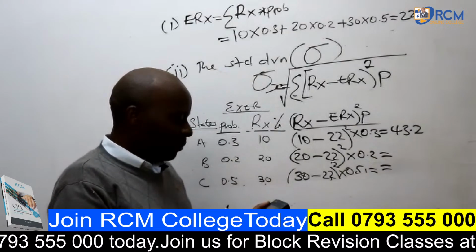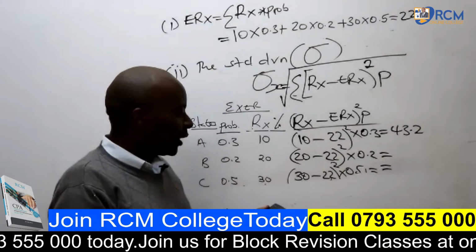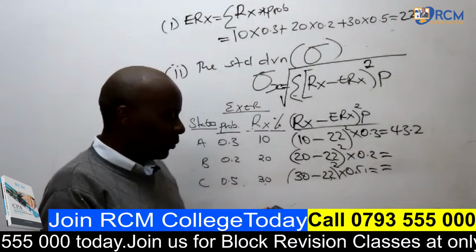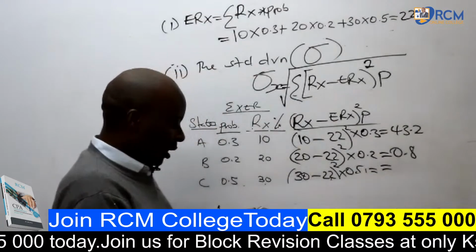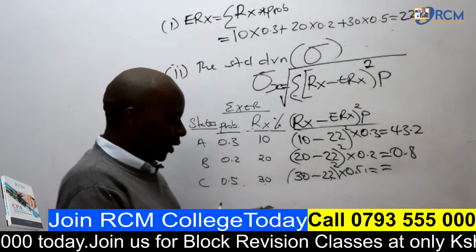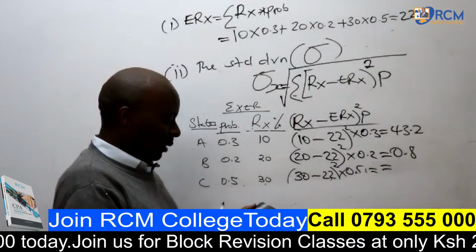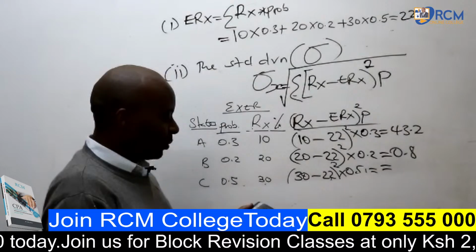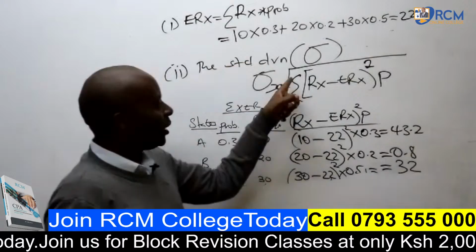20 minus 22. We square this times 0.2. Somebody must have gotten 0.8. And then the last one, we have 30 minus 22. You square this times 0.5, which gives me 32. Now look at this one here, they want us to sum them up.